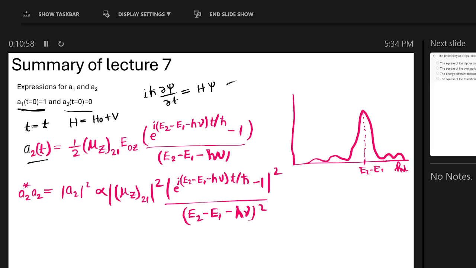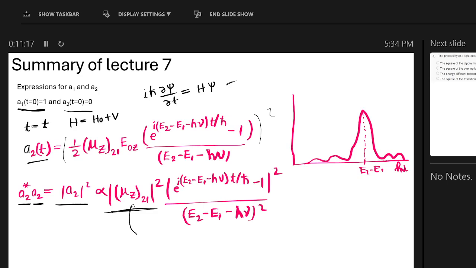So this complex conjugate with the normal, we get a2 square, and if you take the square of this whole thing, we will find this mu z square. This is the transition dipole moment integral, and the second one is this term.